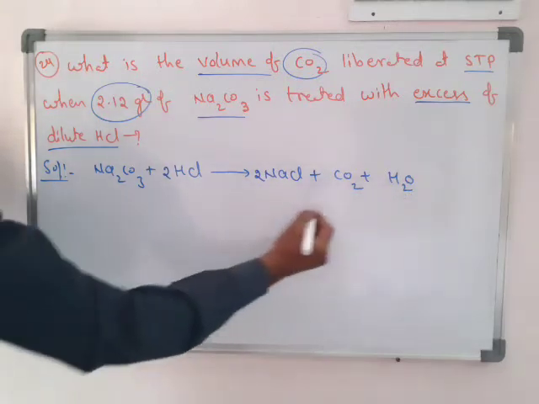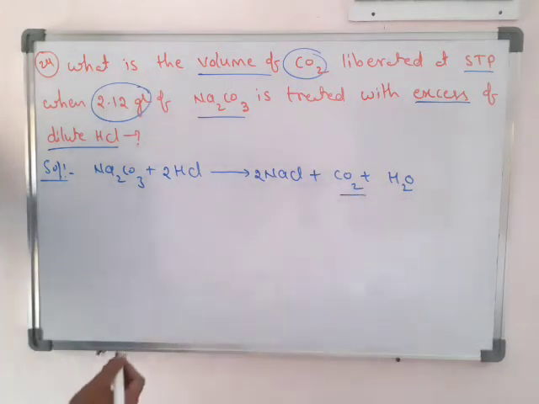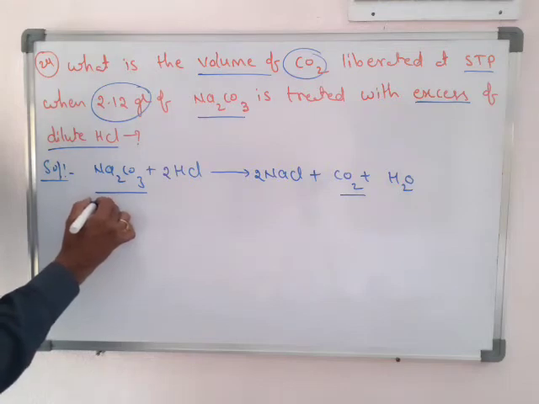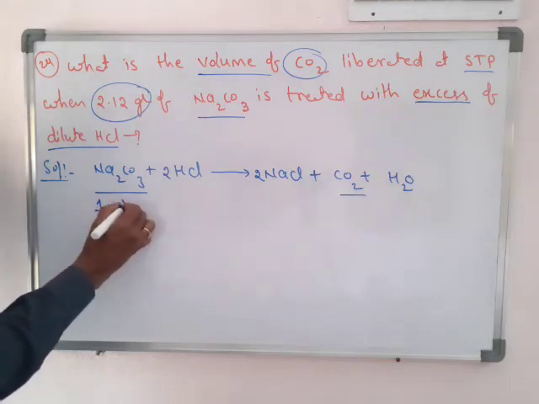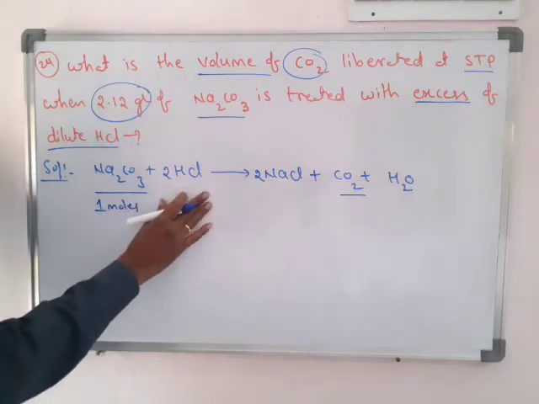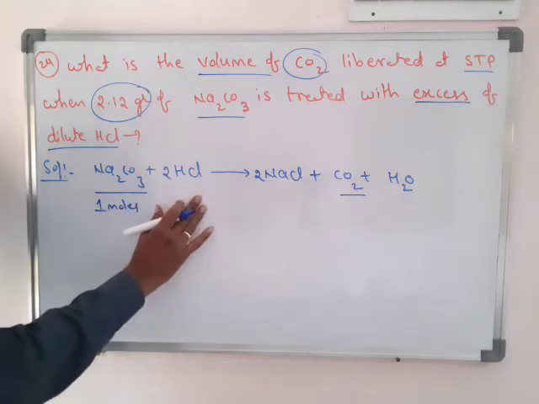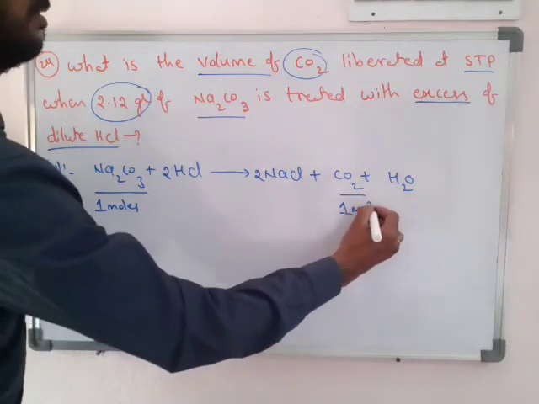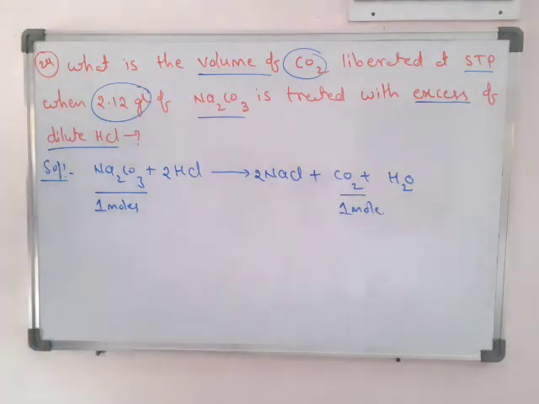We have to find the volume of carbon dioxide. The given information is about sodium carbonate, so we have to compare with sodium carbonate. 1 mole of sodium carbonate, when treated with excess HCl, forms how much carbon dioxide? 1 mole of carbon dioxide. In the problem, what are the terms given?